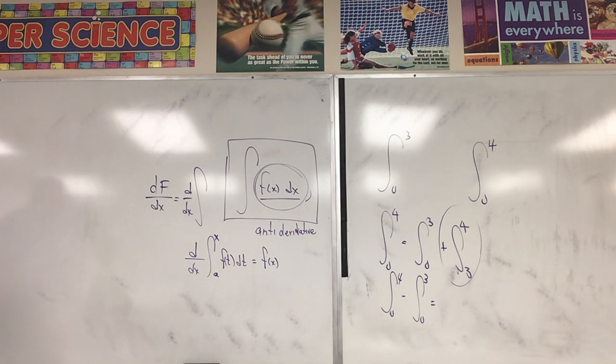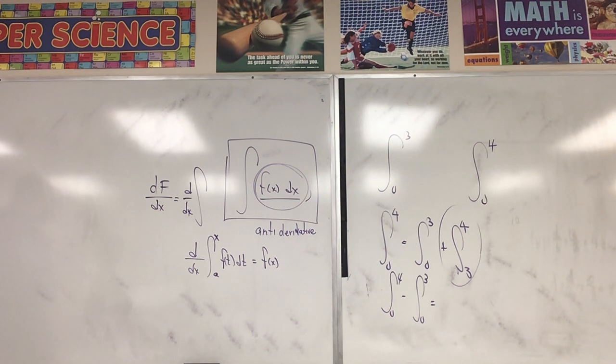So let's look at some of the examples. It says find the derivative of the integral from negative pi to x of cosine t dt. The lower limit is always my constant. My upper limit is my x.